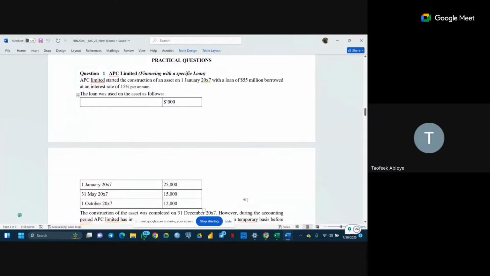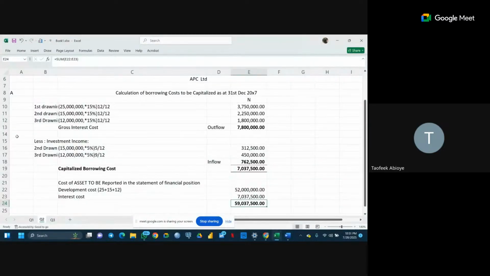When we made our first withdrawal, we left certain funds that we invested in short-term investment income. From the period that we have the money with us till when we make our second withdrawal, that is where we are going to capitalize our investment income, which is what we did here. The same thing happened to the third withdrawal too. I hope that answers the second question too.